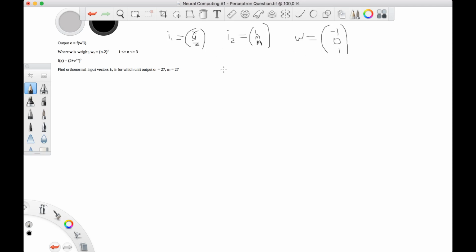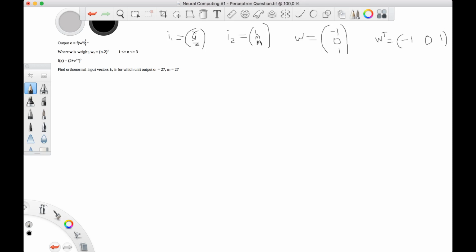So next, what can we do? Well, let's work out this part here that we're passing to the function f. We need to get the weight transposed. All we need to do here to transpose this is topple it onto its side, so it's a row vector instead of a column vector. So Wt, the weight transposed, is equal to minus 1, 0, 1.